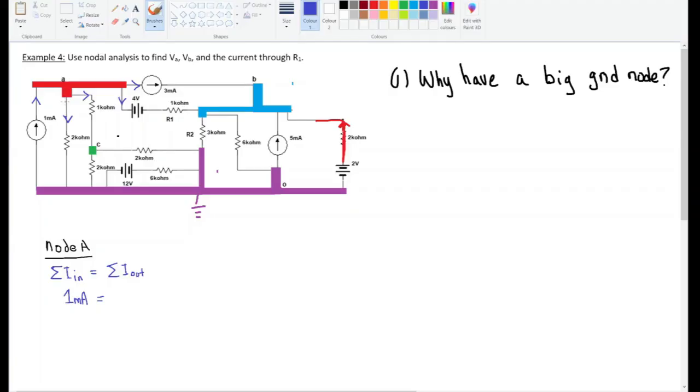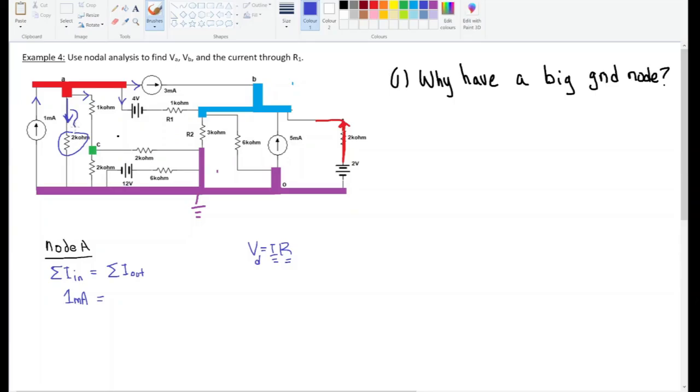And over here, we see that there's this current leaving. So what's its value going to be? Well, let's look at Ohm's law. This says that the voltage drop across a resistor is equal to the current moving through the resistor multiplied by the resistance of that resistor. And the current moving through this resistor is going to equal the current leaving this node at this particular area, right?